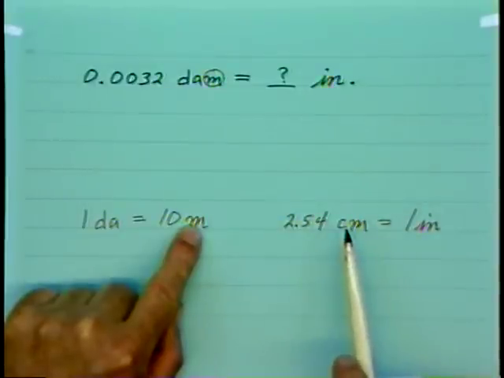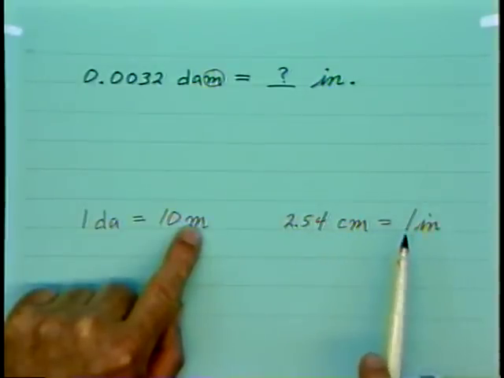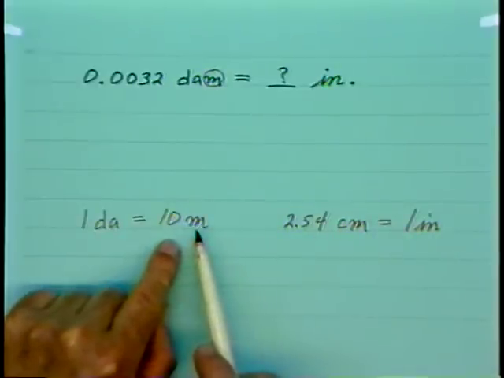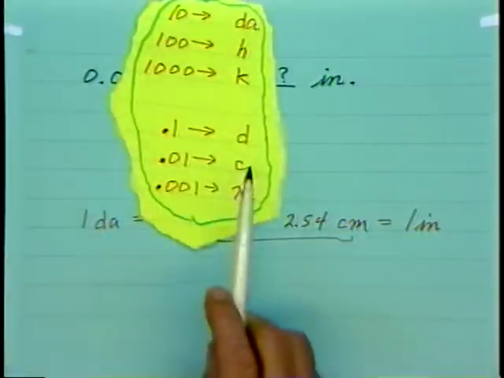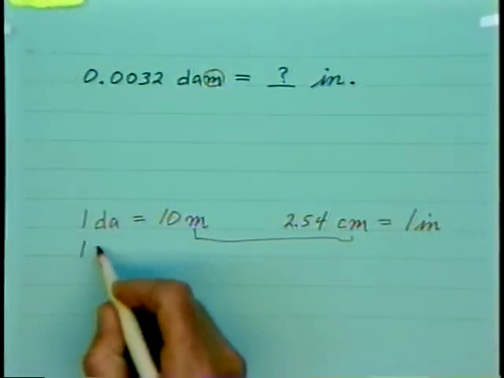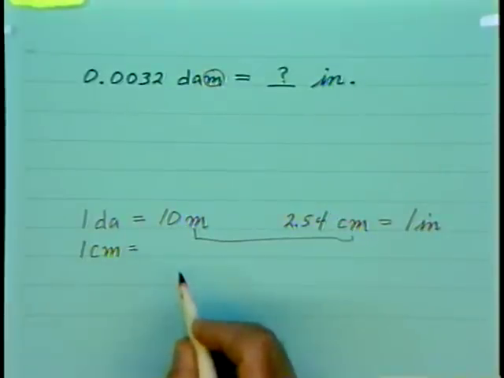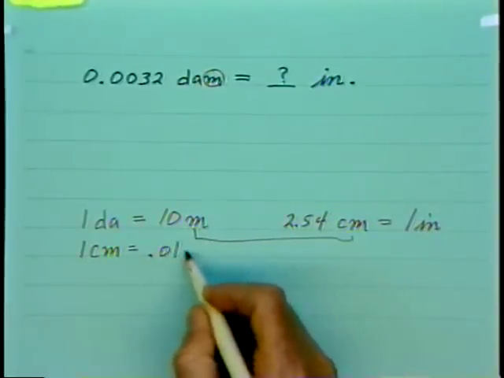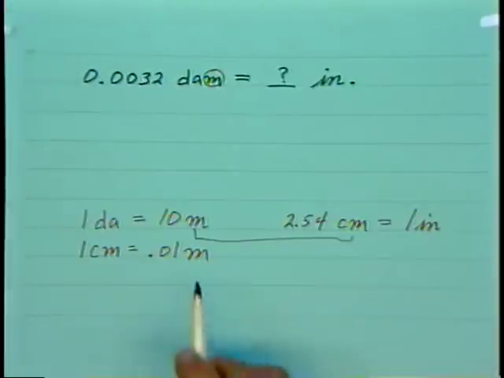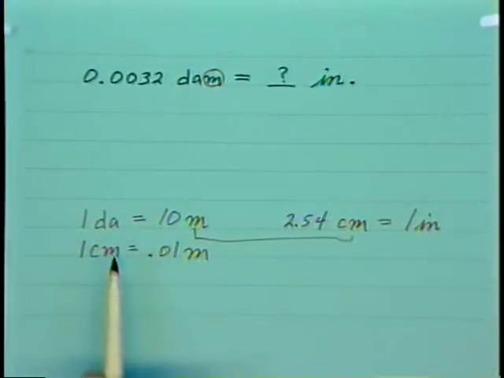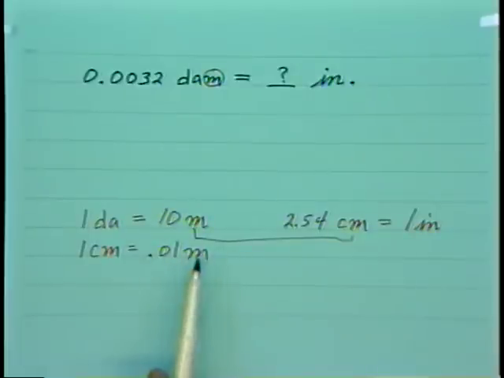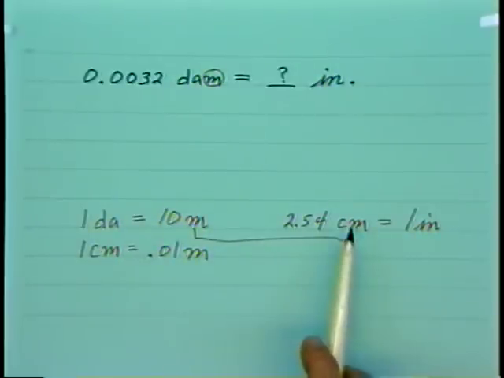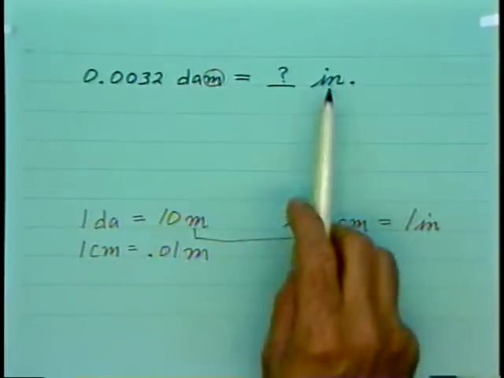Well, this will let me go from cm to inch, but I need somehow to get from meter to centimeter. Well, here we again had memorized that c means 100th, so 1 centimeter is also 100th of a meter. So we get a plan of operations here. We can go from dA to m, we can go from m to cm, and now we can go from cm to inch, and we're done.